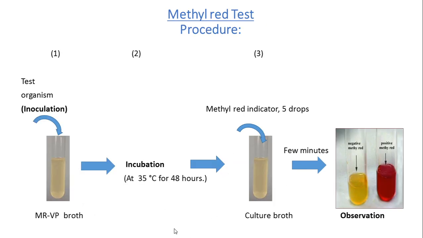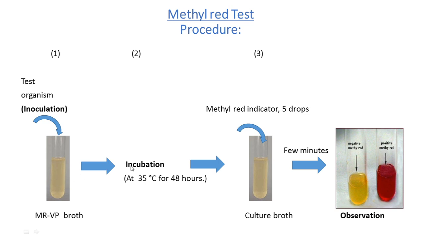So for this test, we have to inoculate the test organism into the broth, which is called MR-VP broth, because the broth composition is the same for the methyl red test and the VP test.